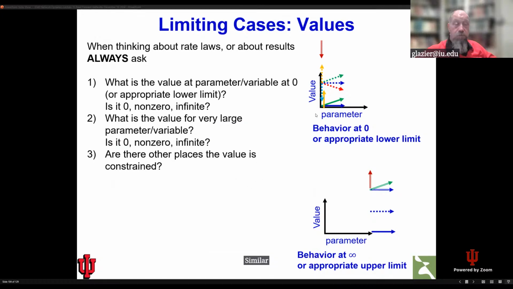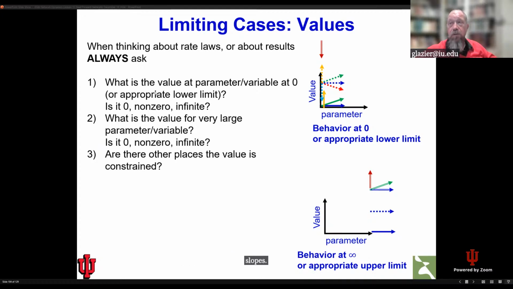Similarly, at zero, if the value at zero is zero, then the slope is either zero or increasing because we're not allowed to go negative. If the value at zero is finite, then we can have increasing, zero or decreasing slopes.